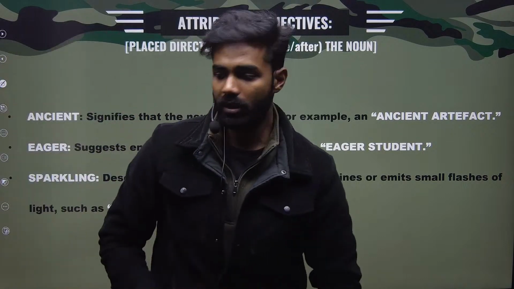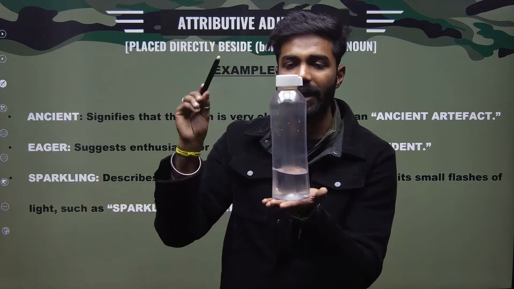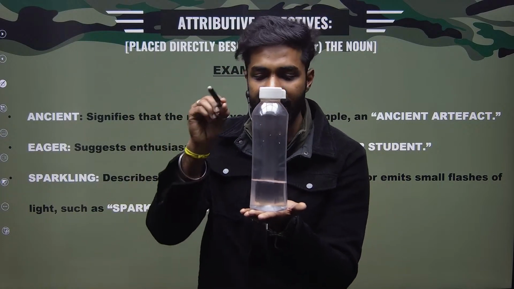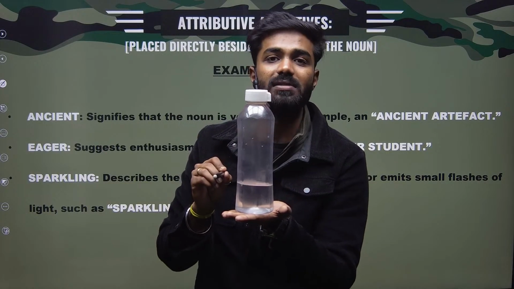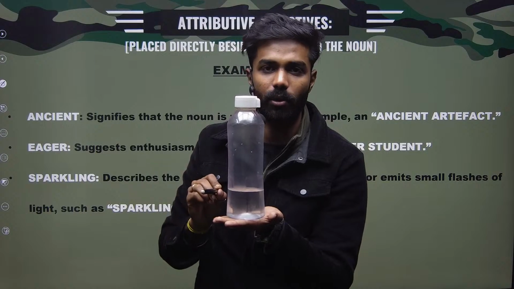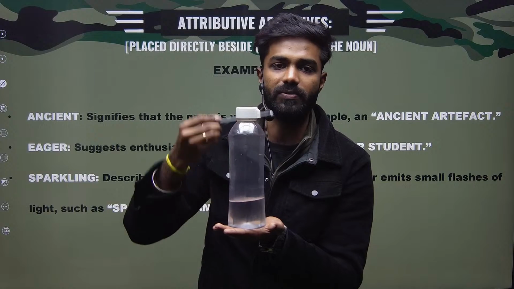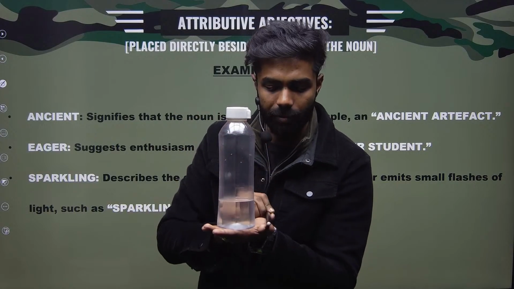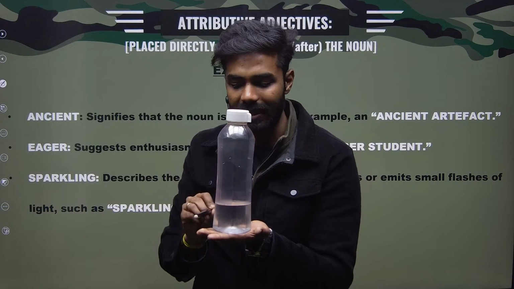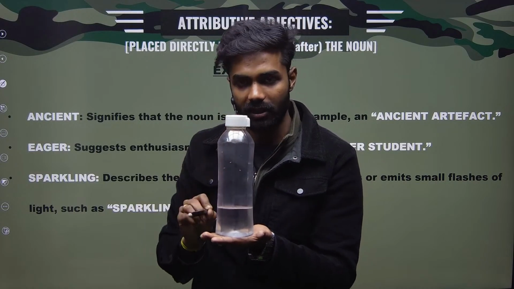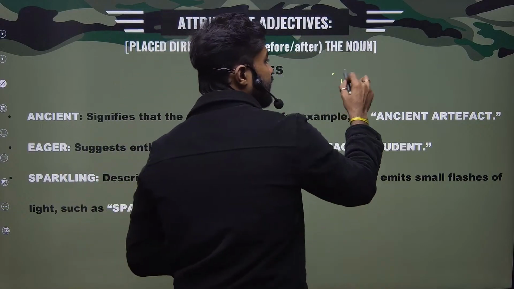For example, if I take a water bottle here, and I have a pen, the pen is placed beside the bottle. If I'm placing my pen here, then I will say the pen is placed beside the bottle, on either side. Not in front or back, because we call that front or back. Anything which you're placing on the side, or referring to the position, left or right, is beside.